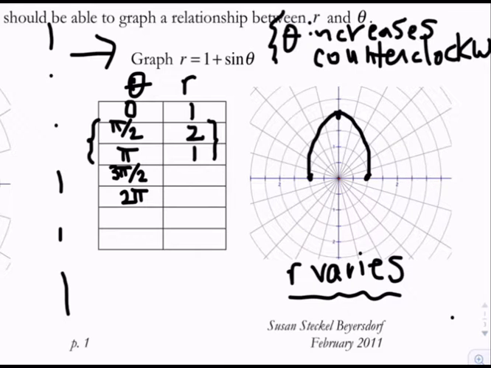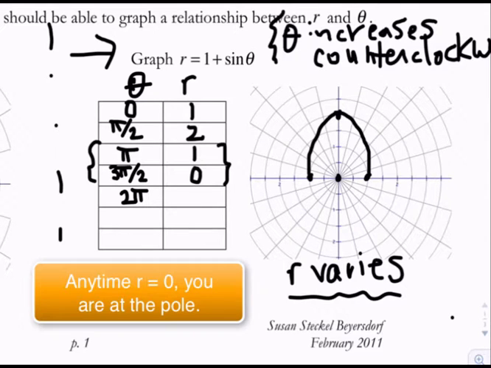All right. We continue. In our next subinterval, we end up back at the origin, which you may remember is called the pole in polar graphs. So I'm going from pi comma 1 to 3 pi over 2 comma 0.